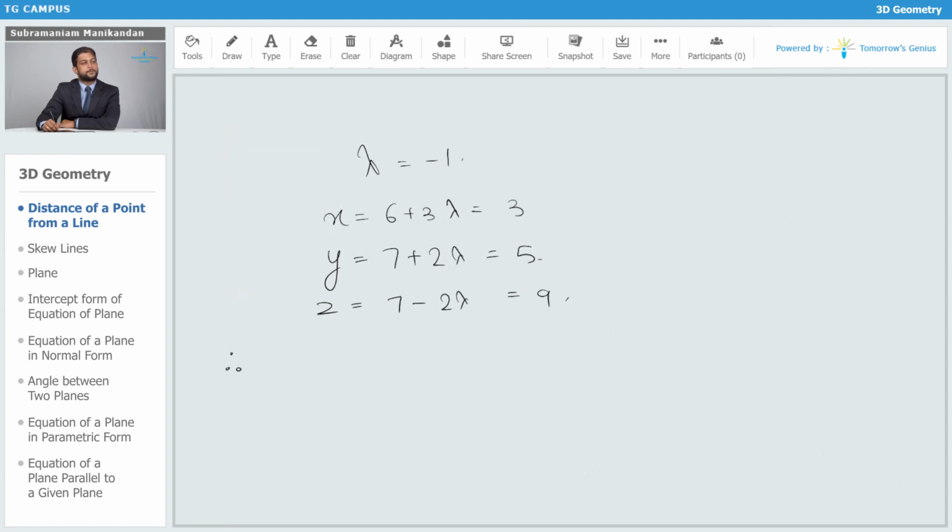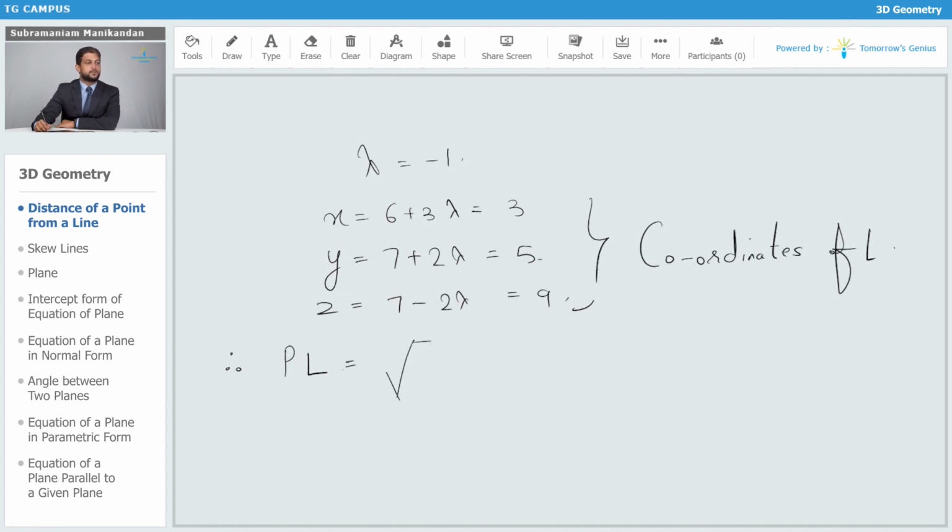So these are the coordinates of the point L.